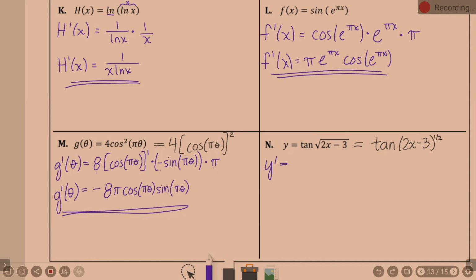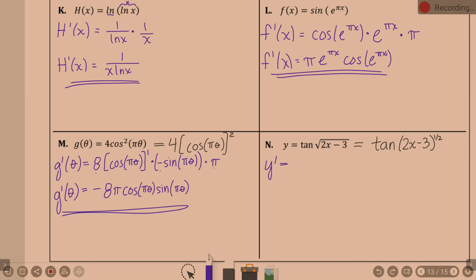So the outside function is tangent. What is the derivative of tangent of this mess? Secant squared. The derivative of tangent is secant squared. That's one of our memorizations.